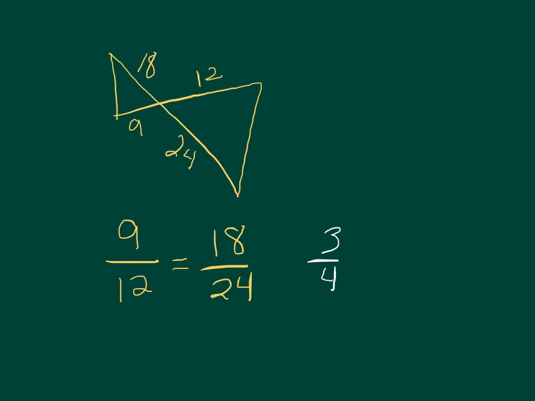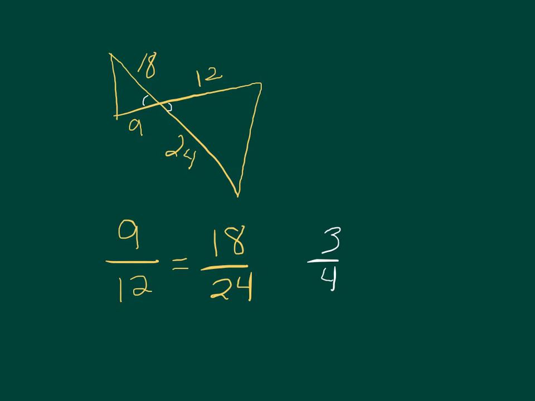So, these are proportional sides. Now I need an included angle. So what is the angle between the two sides that we have on each? It's this angle and this angle. So right away we know that those two angles are equal.